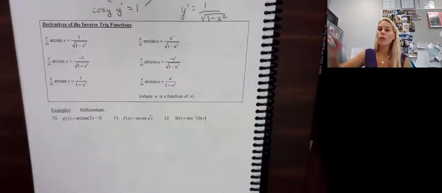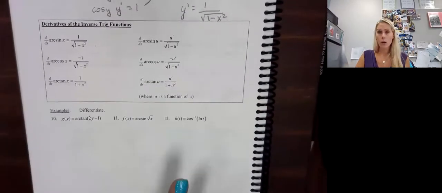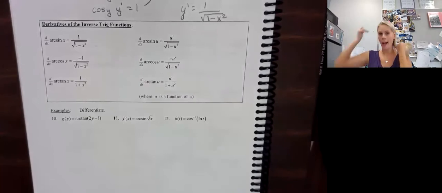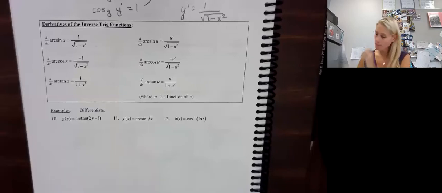Now, if you've already done your derivative packet, which you should have, you would know how to do this. So make sure you are using your rules and that you multiply by the derivative of the inside, okay?